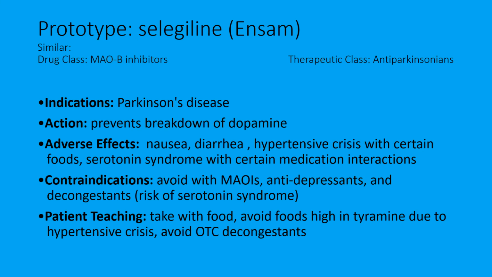Now, this is often combined with levodopa because what does this drug do? It prevents the breakdown of dopamine. And what does levodopa do? It increases the level of dopamine. So by stopping its breakdown, there's more dopamine in the synapse.